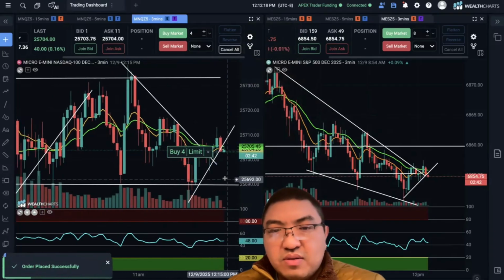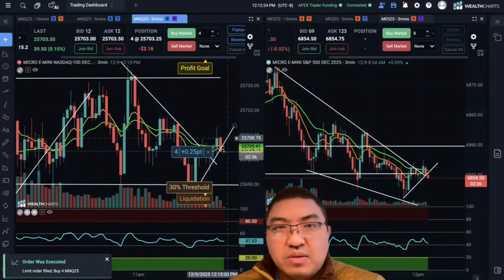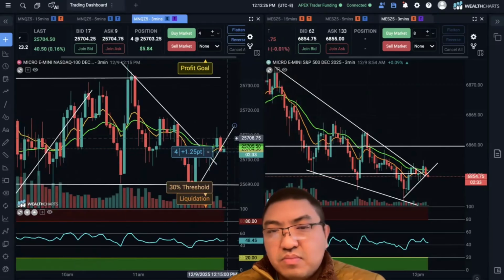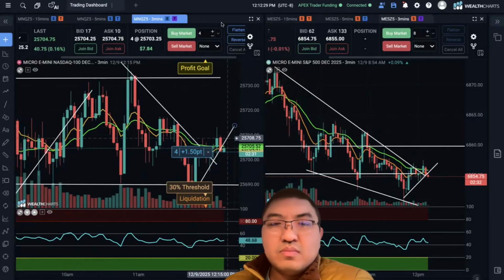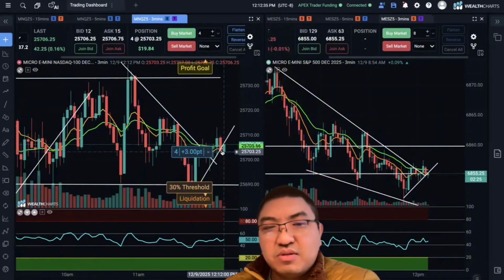Very strong defense around here. If it keeps going down, I will quit. If this ends up being a bullish candle, then yes, this is a nice retest. Retest ending here.